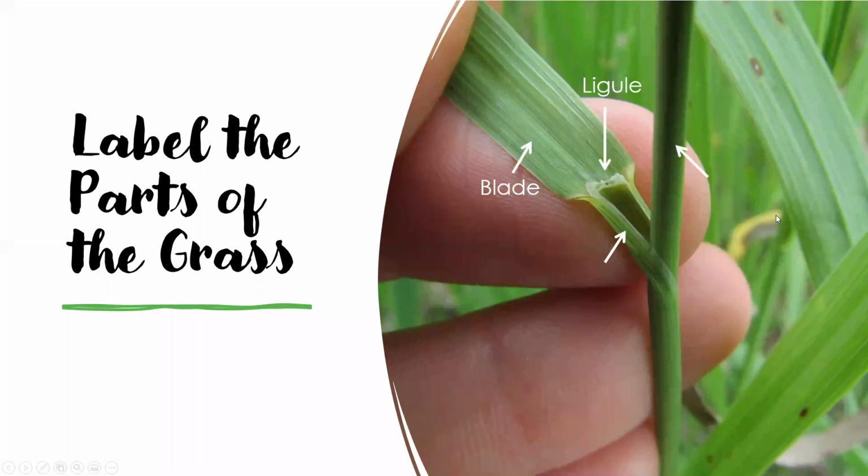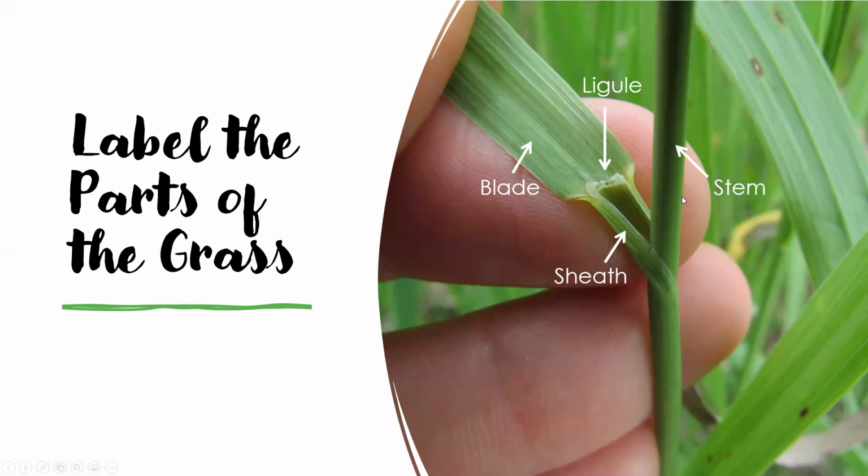Ooh, we've got some of you that are giving both answers, stem or culm. Yes, very good, stem or culm. Okay, and then this last one here refers to this part of the grass. Wonderful, that is the sheath, exactly.